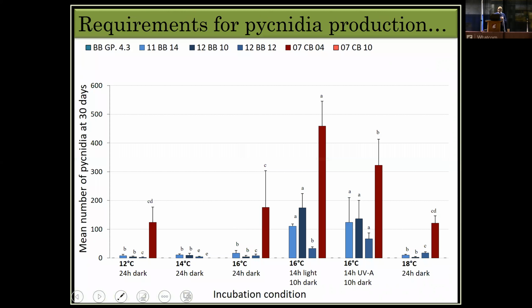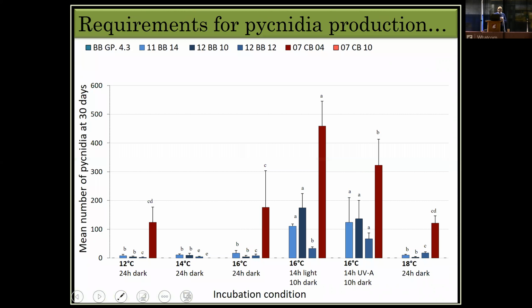If you look at this graph, the red ones are the cranberry isolates and the blue ones are the blueberry isolates. Cranberry isolates always produce more pycnidia than the blueberry isolates, but most of the production is around 16 degrees, regardless of the different conditions.